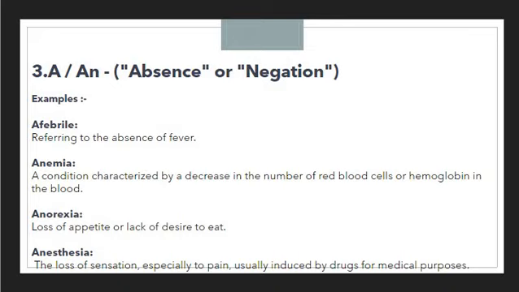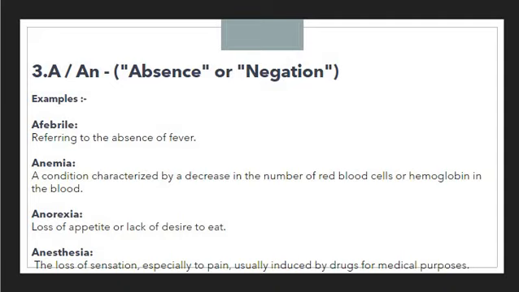Similarly, we have one more term, anemia, a condition characterized by a decrease in the number of red blood cells or hemoglobin in the blood. That's why we are using anemia, where it is showing the decrease, or you can say absence. Absence would be the perfect word here. Then we have anorexia.